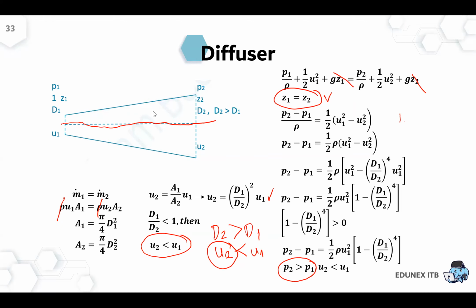Friction between the layers of the liquid and between the water and the pipe wall. Correct. And then the energy loss will be in terms of heat. It will be lost to the environment in terms of heat.